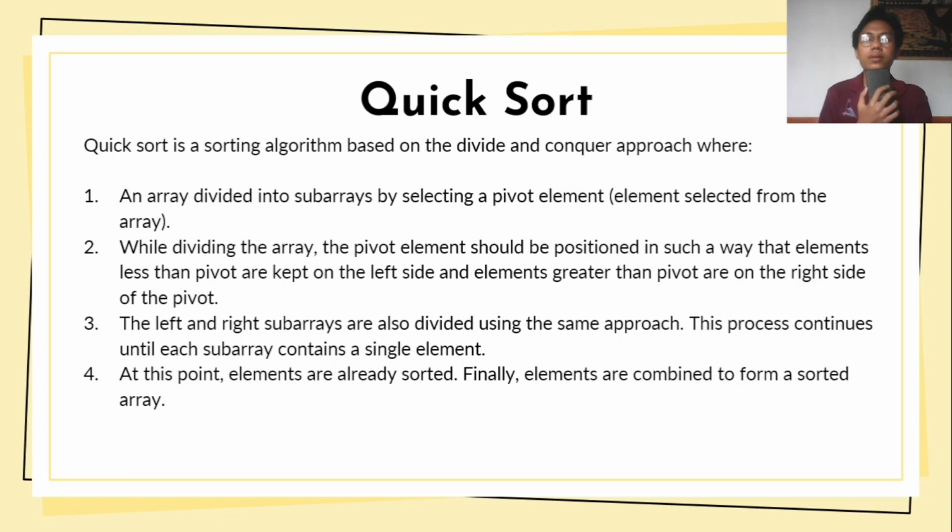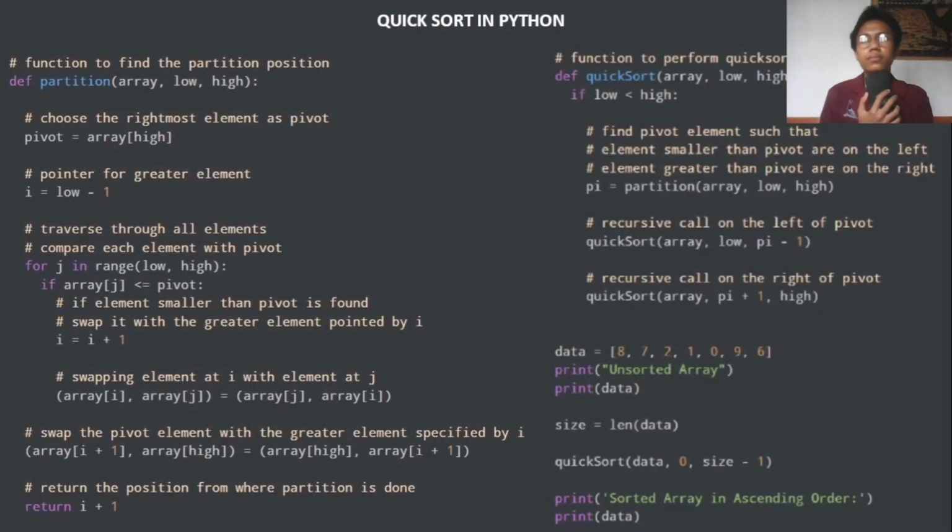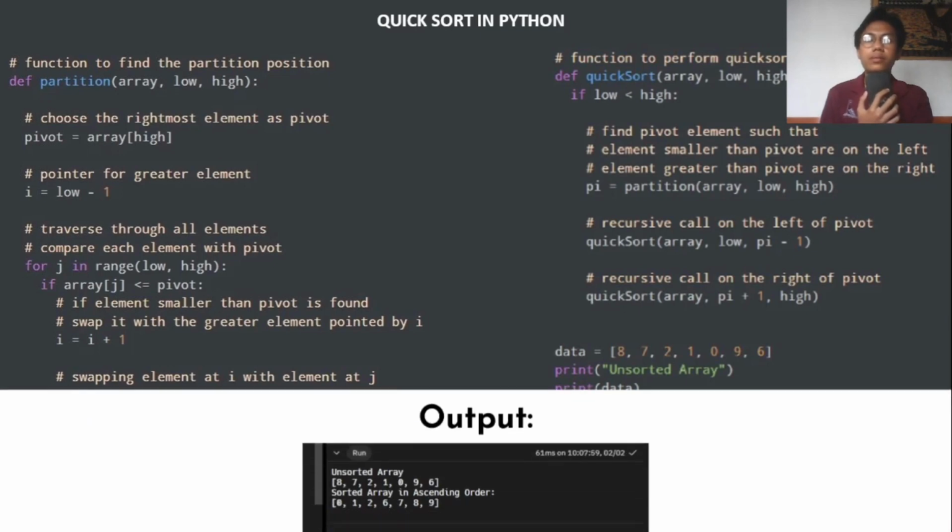This process continues until each subarray contains a single element. The fourth, at this point, elements are already sorted. Finally, elements are combined to form a sorted array. So here is the example of quicksort in Python, and this will be the output.